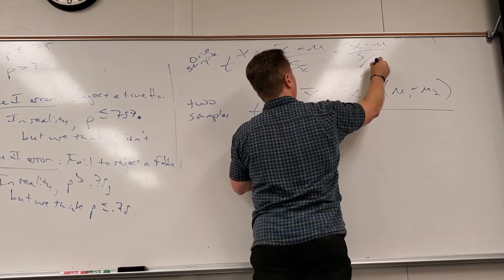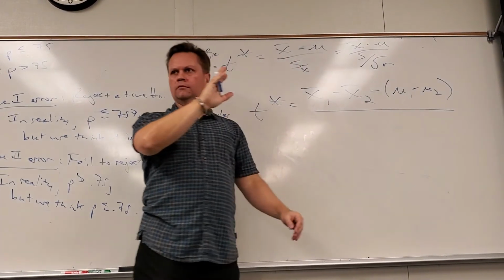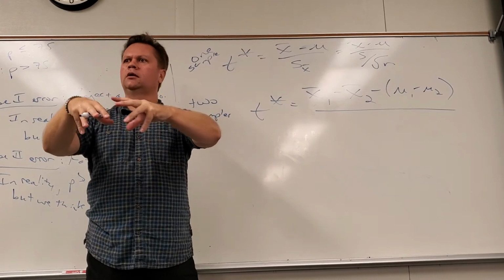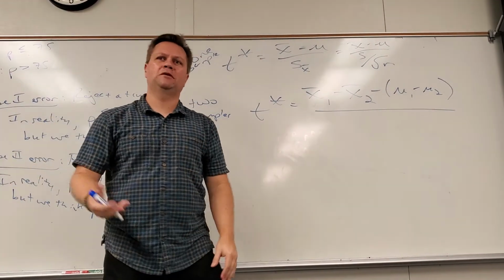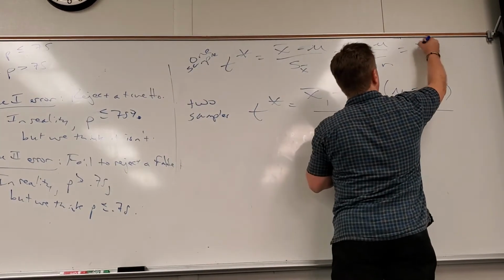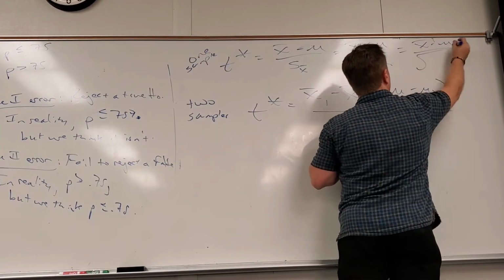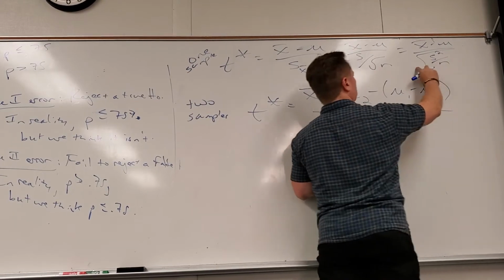Isn't this the formula for this, right? That's what S x bar is. S divided by square root of n. Stay with me. Couldn't I write that like this? What's the square root of s squared?